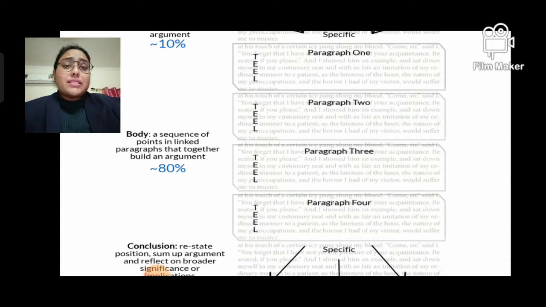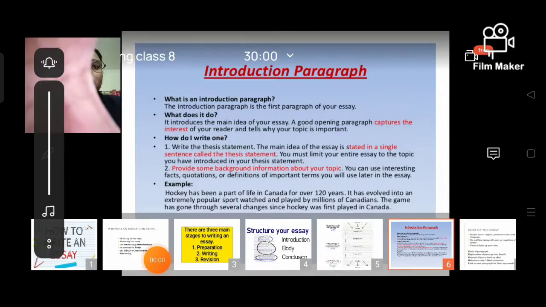It can even extend from 4 to 5, and then sub paragraphs also. This is a sequence of points in linked paragraphs that together build an argument. So in short, here you will give explanation to the facts or the arguments that you have provided. You can provide evidence also, facts also, and details you can argue here.